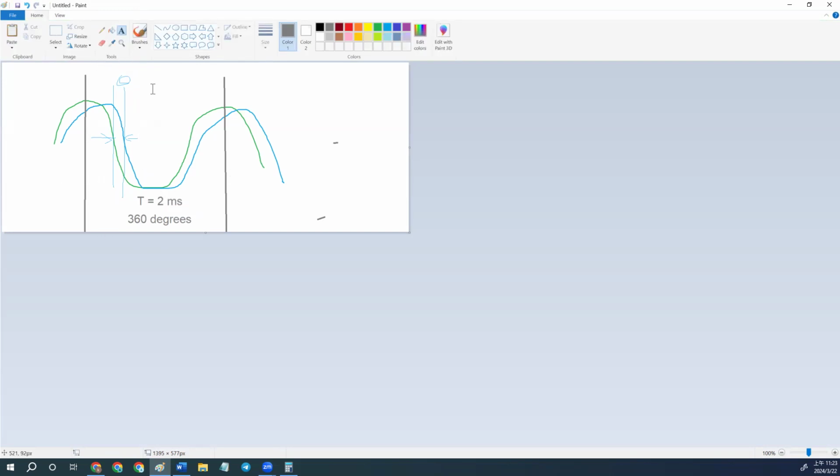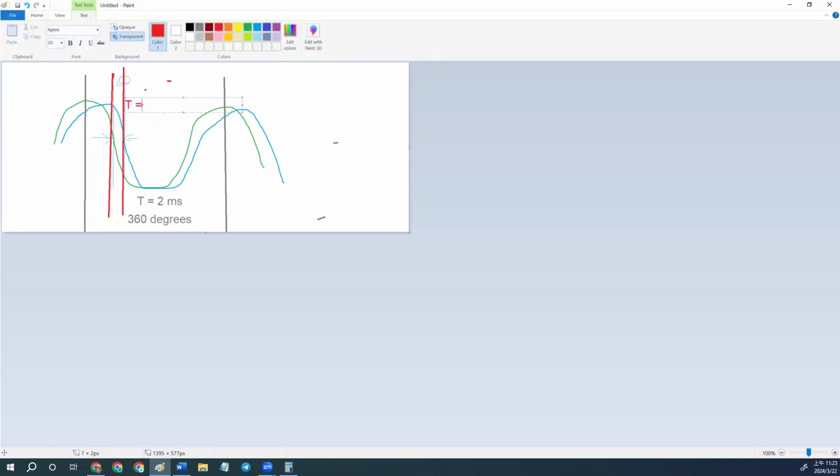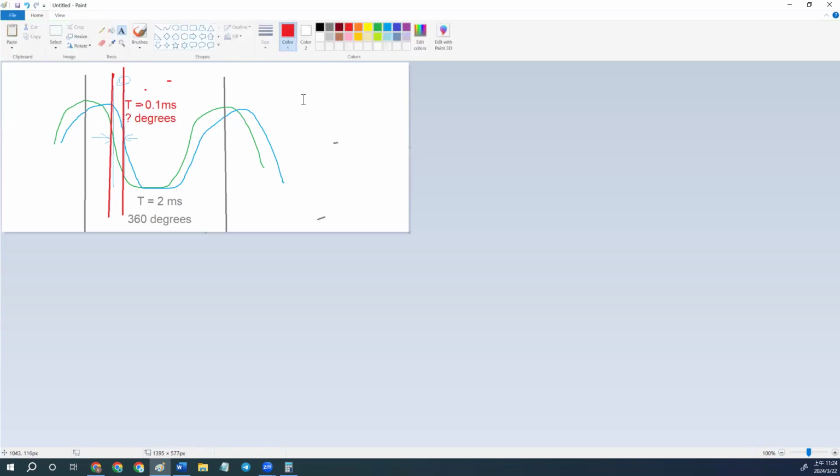After you have that information, the next thing is what we just did, which is to measure the time between this line, I'm going to use a different color, to this line. And we need to know the t for this one. So saying t is 0.1 microseconds. And what's the degrees? Simple, you just use ratios, right?